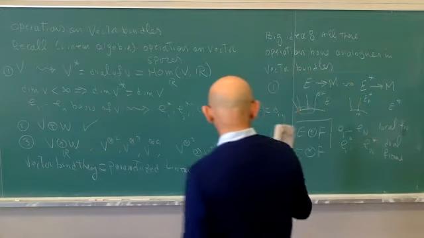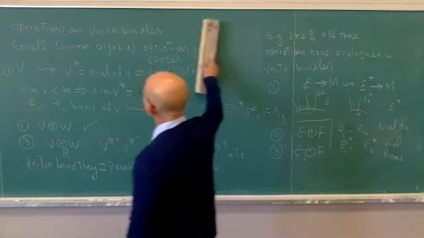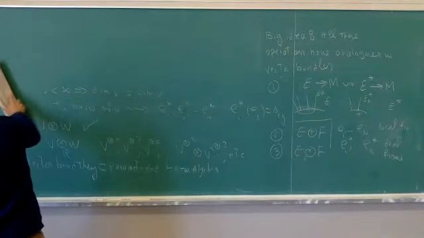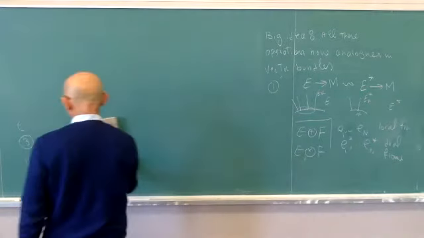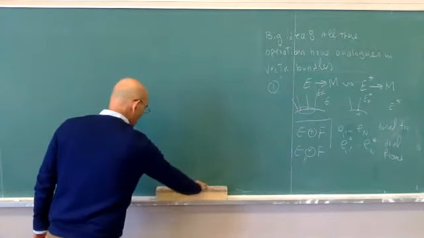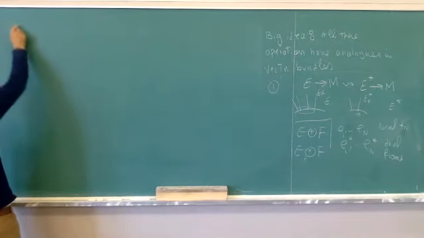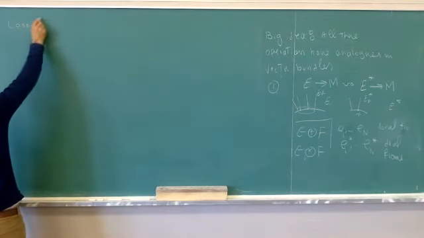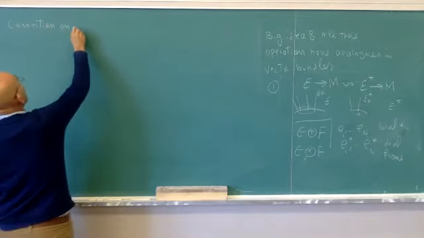Okay, so let us now start the differential geometry of these bundles. So the main idea that we are going to use in this course is the idea of connection. So this is connection on a vector bundle.